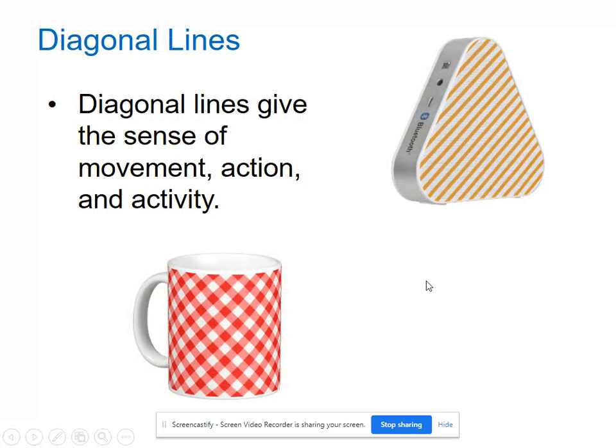Diagonal lines have a sense of movement and action and activity. When I look at that cup down there in the lower left corner and that pattern that it has on it, it kind of fuzzes my eyes out a little bit, I guess. I don't know how else to describe it. Apparently, this thing in the upper right-hand side is a Bluetooth speaker. It's got Bluetooth there.